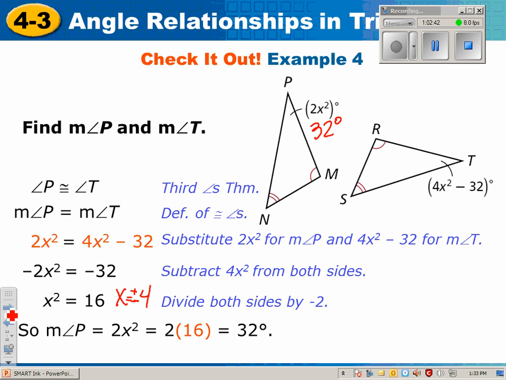Textbook page 236, 24, 38, and 44. And textbook page 228, 35 through 37, 44, and 47.